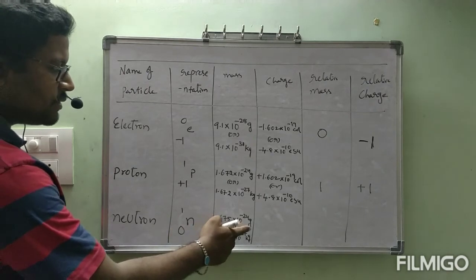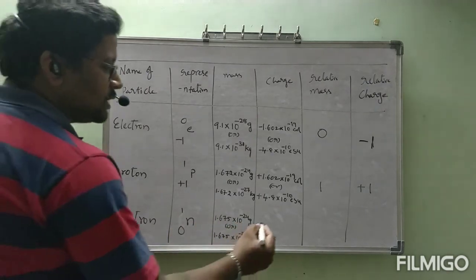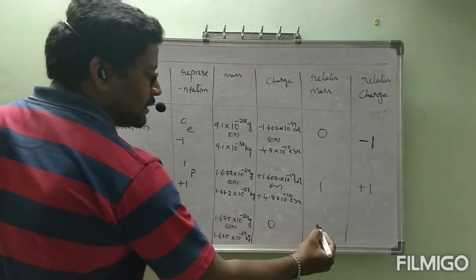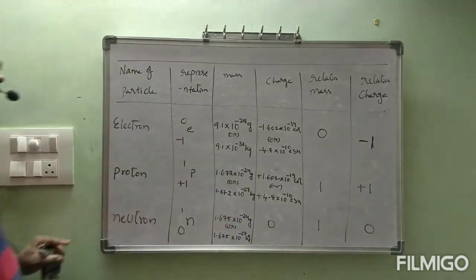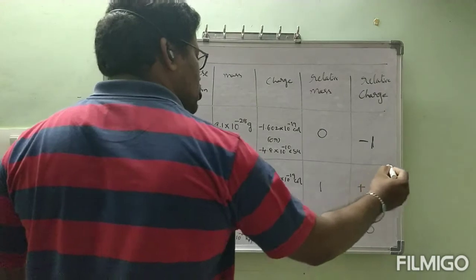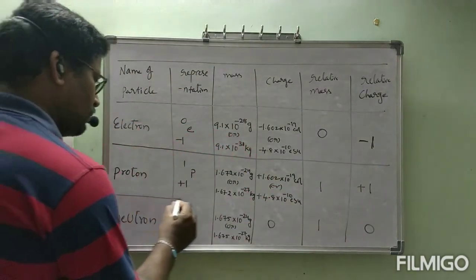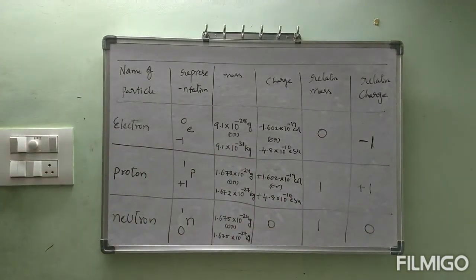Charge 0, relative mass 1, relative charge 0. That is the information about the three particles, all of you.